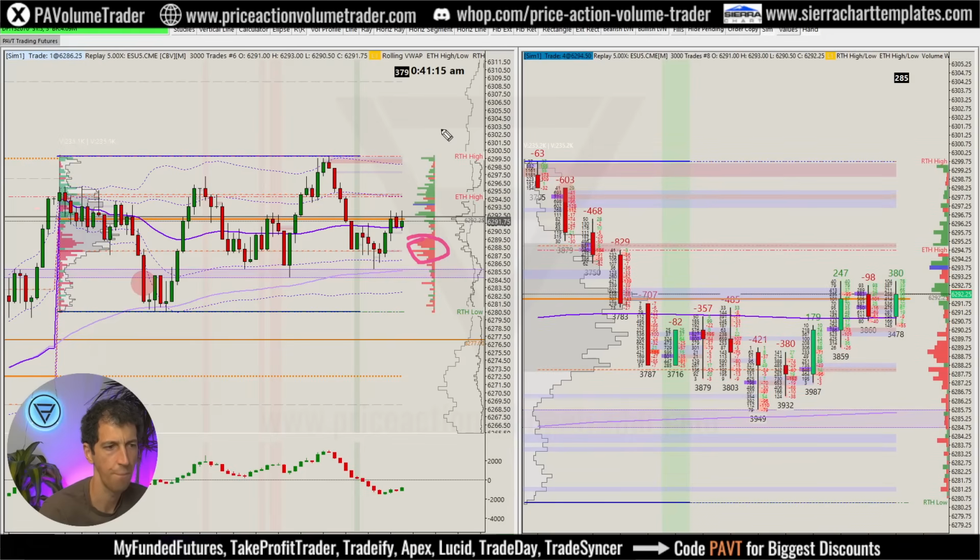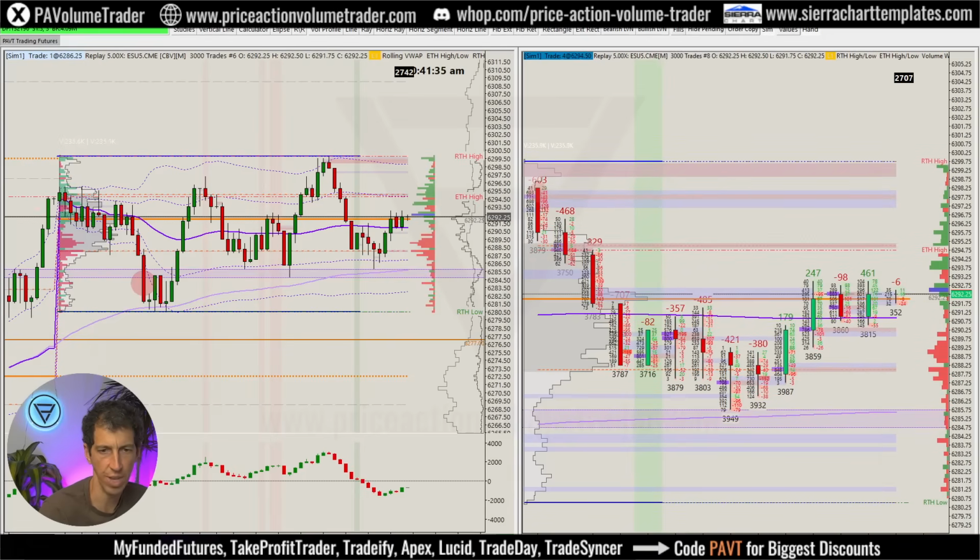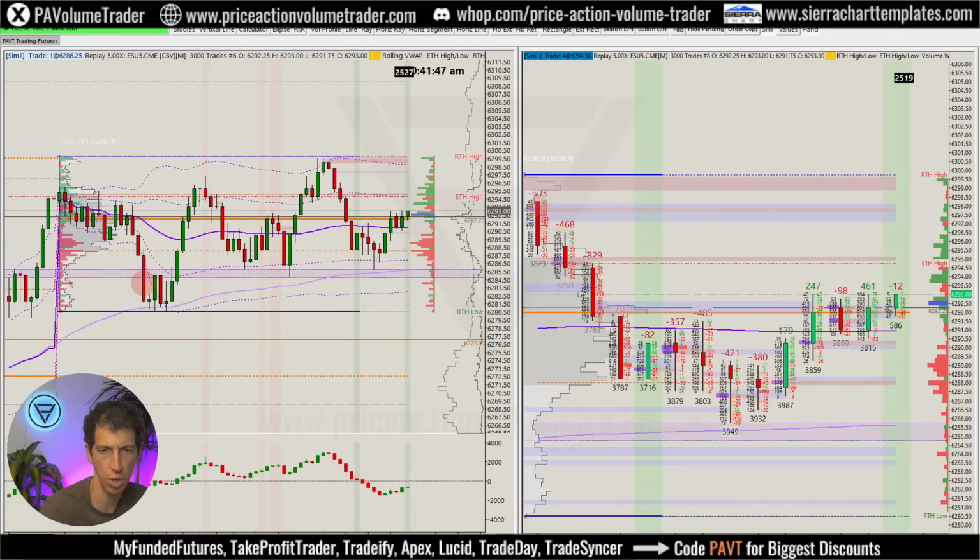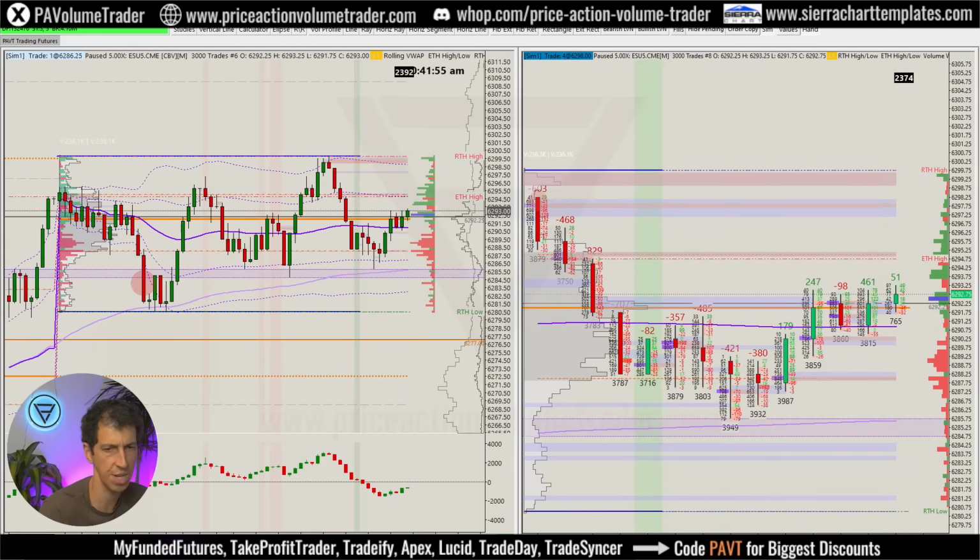breaking up and going. Okay, so in this case, the setup that you could have taken with this is entry right around the bottom edge that we're forming on the node, right around all this negative delta. So pretty much anywhere around this area right here.